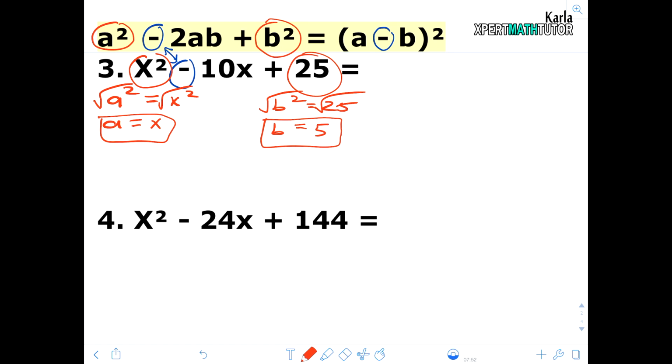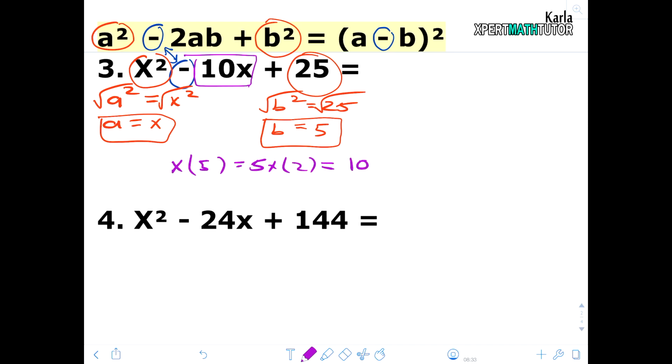If I multiply a times b and double it, I'll get this middle term. So let's do that. So a is x, b is 5, x times 5 is 5x.